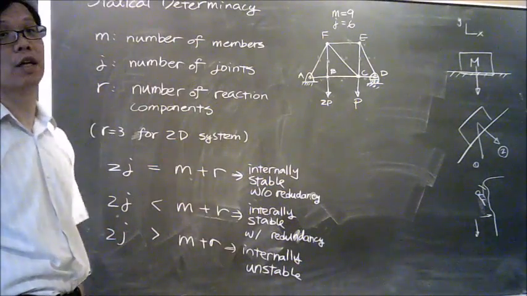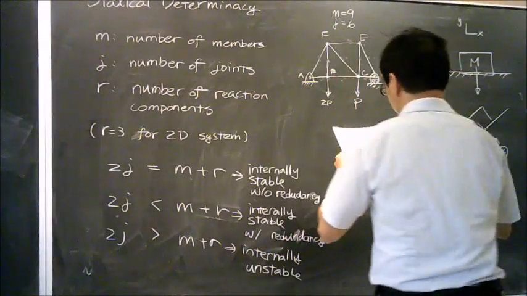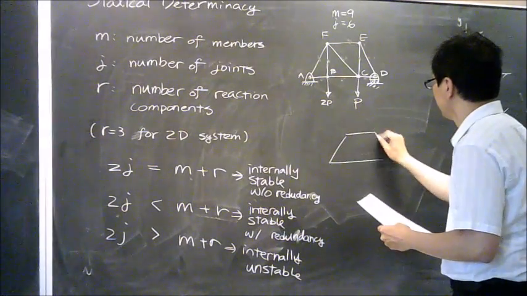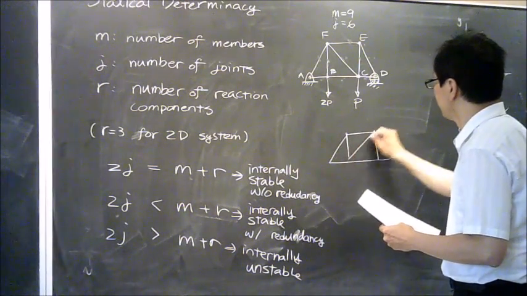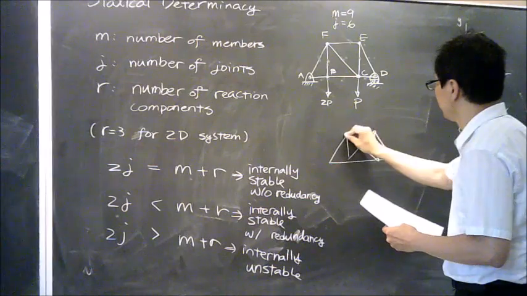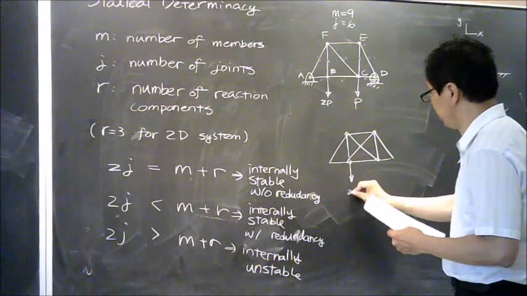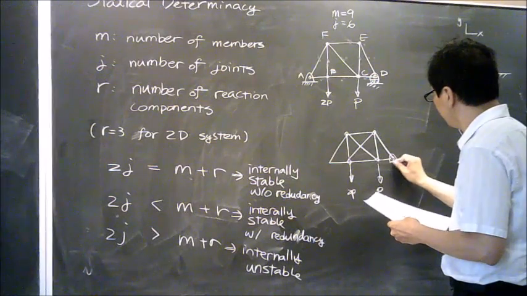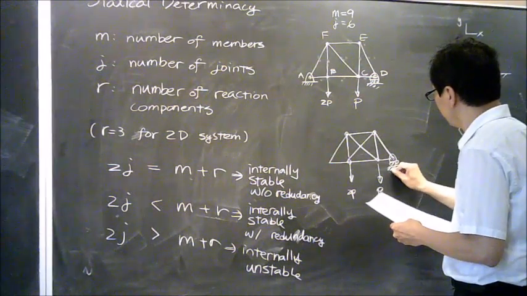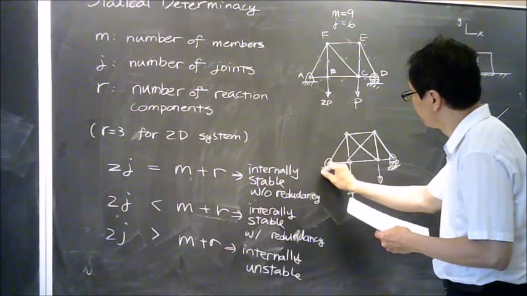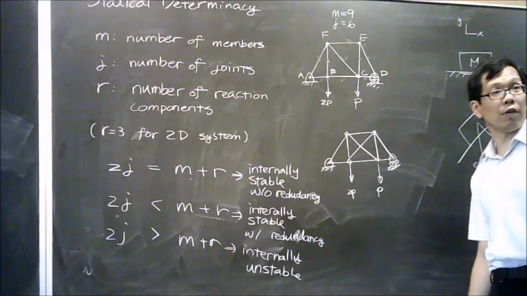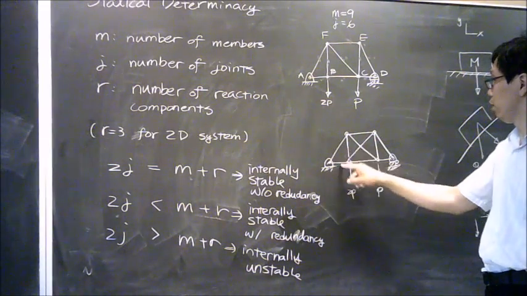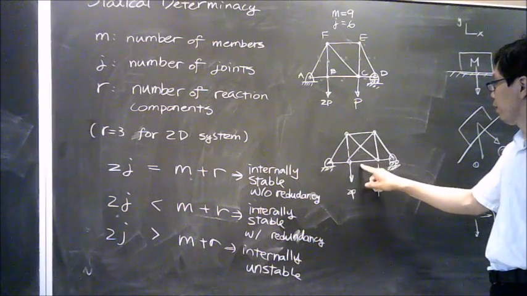I'm going to show you different cases. How many members do we have here? The circle over here means the joints. Okay, so I have 1, 2, 3, 4, 5, 6, 7, 8, 9, 10.